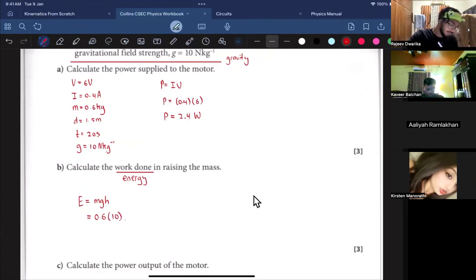What's the height? The height is the distance you're letting it fall from or lifting it up to, that is 1.5. So plug that into the calculator and let me know what you get. So you get like 9 or something.